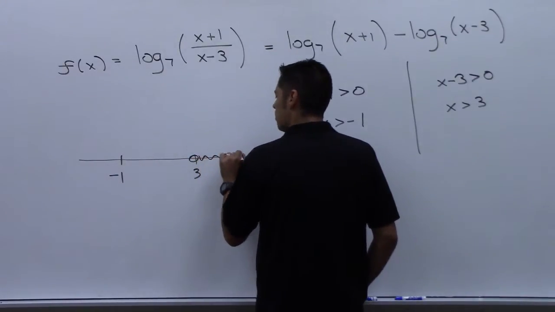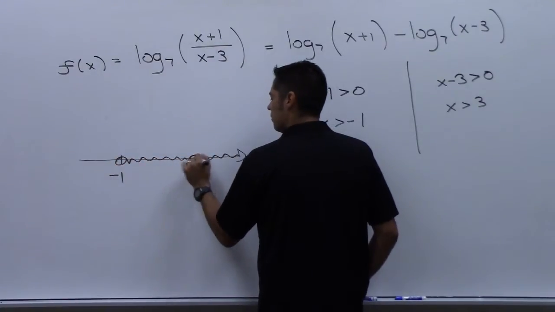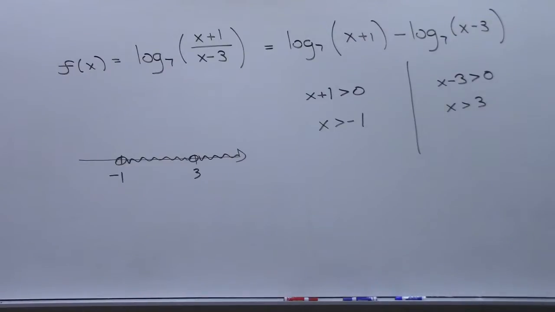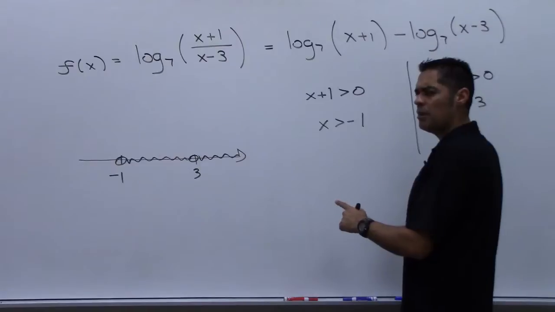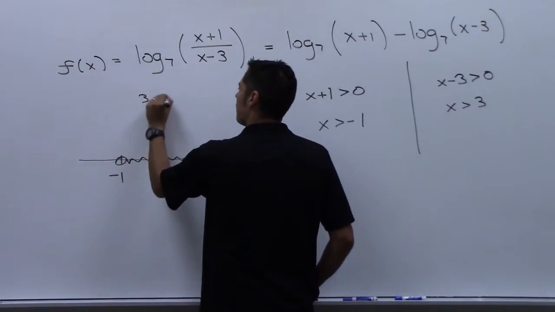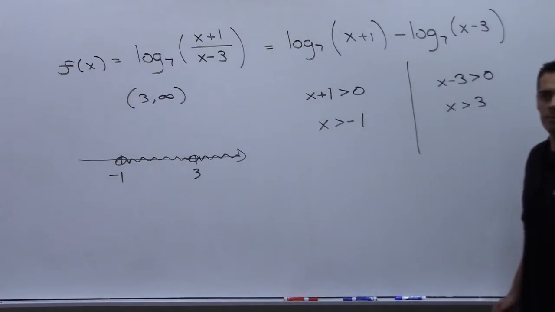Greater than 3 is this way. Greater than -1 is this way, right? Where do they overlap? From 3 and greater. Including 3 or no? Not including 3. So 3 to infinity, everything to the right?